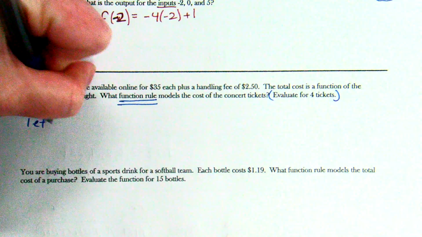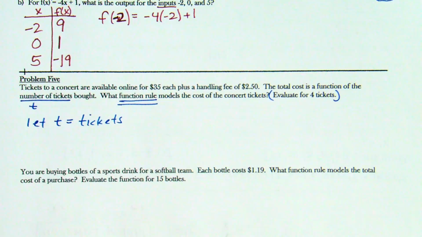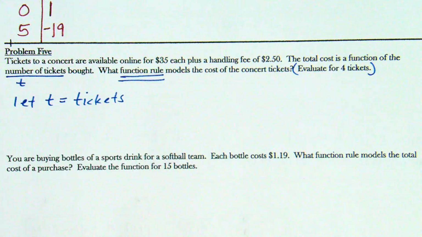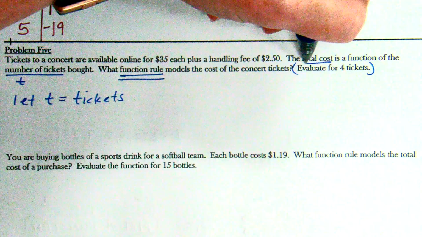What else goes into this equation? What is the other part of this that I don't know? I don't know the number of tickets. Yeah, we're going to be trying to find the cost, right? Once we know the number of tickets, we can find the cost. But the other thing I need a variable for is total cost.